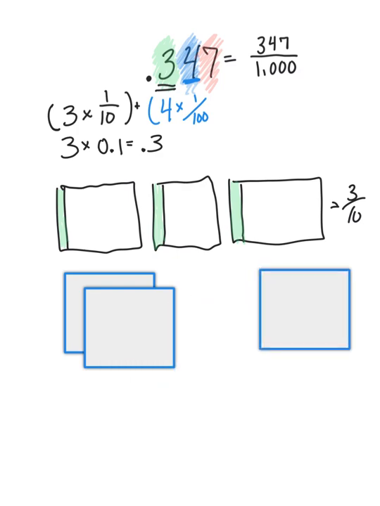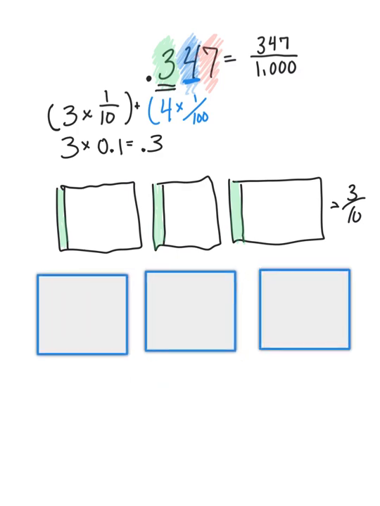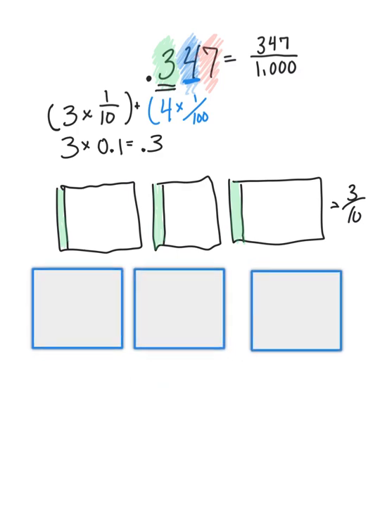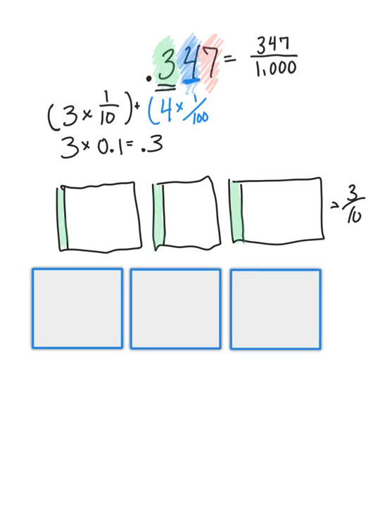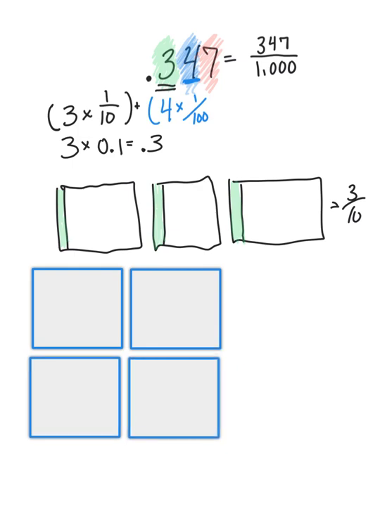Okay, so that would be like saying, look, I'm making my ones a little bit neater this time. That would be like saying, let's take 4 wholes this time instead of 3. Let's take 4 wholes instead of 3, multiply them by the value of that place value position, which is 1/100th, and let's see what we'll get.